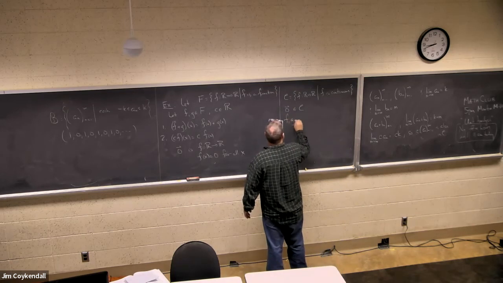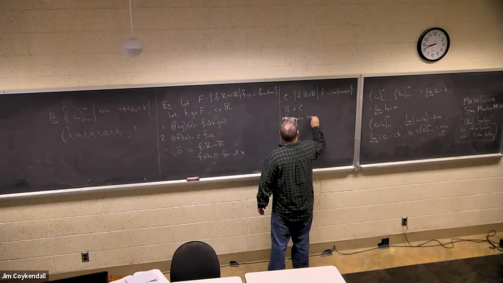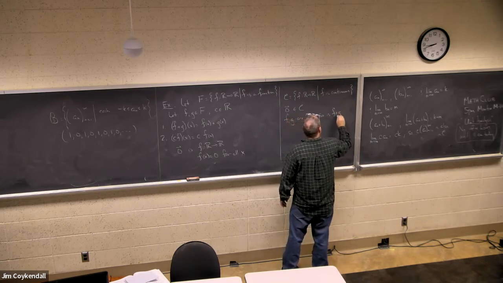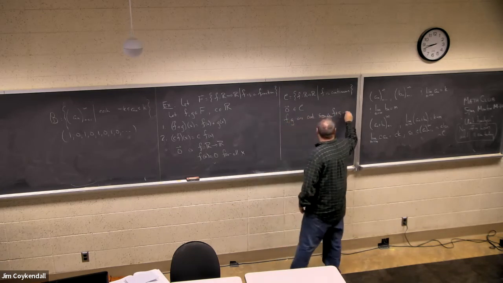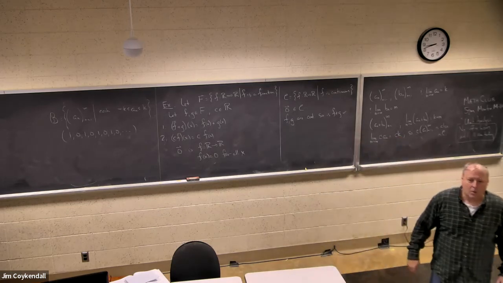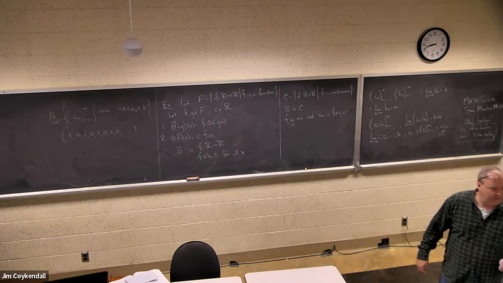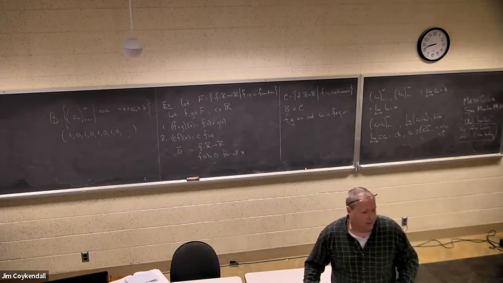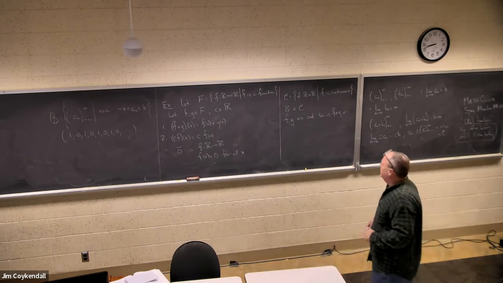So here, f and g are continuous, so is f plus g. And what happens if you scale a continuous function? What happens if you have a continuous function f and you multiply by 2 or 7 or c? Still continuous.